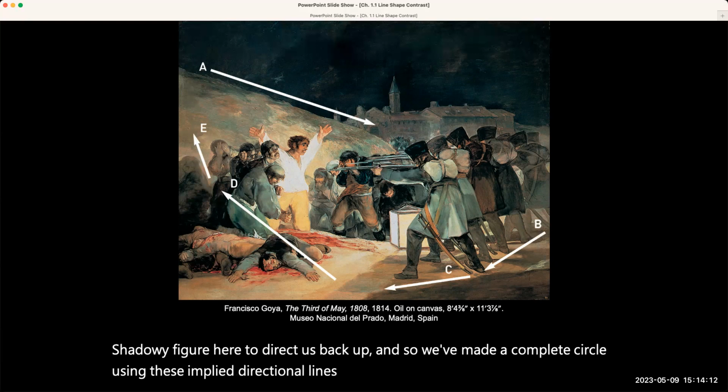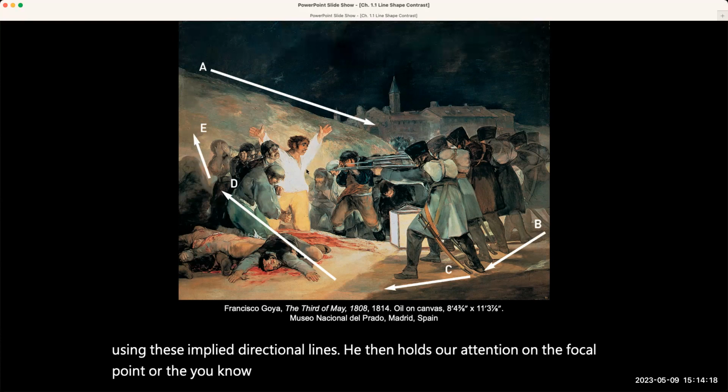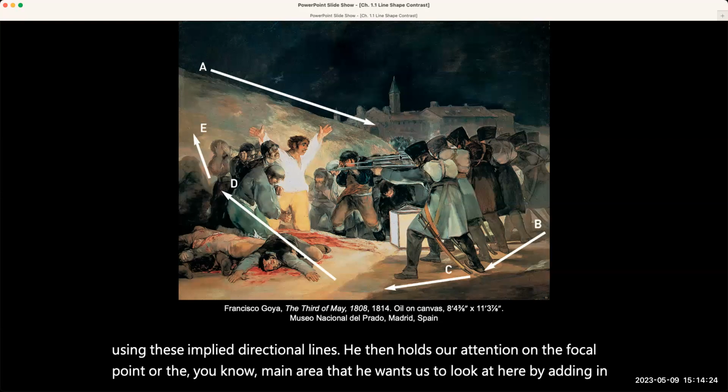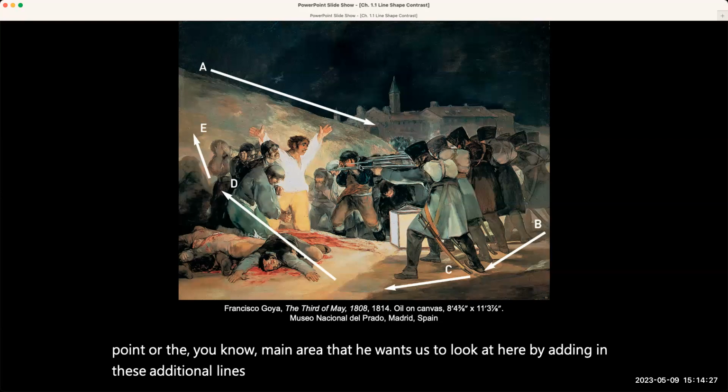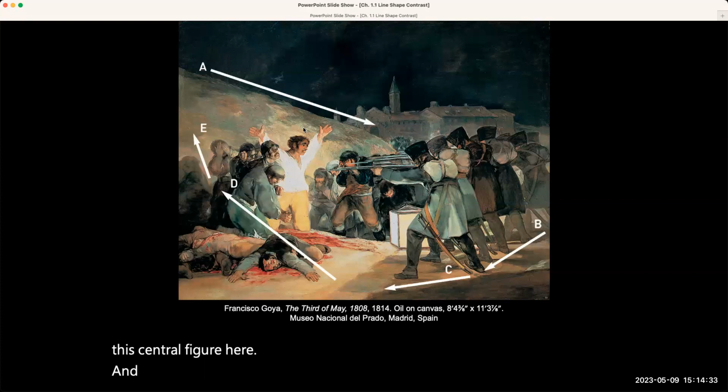He then holds our attention on the focal point, or the main area that he wants us to look at here, by adding in these additional lines with the gun barrels that are pointing right at this central figure. He uses some other elements aside from line to draw our attention to certain areas.